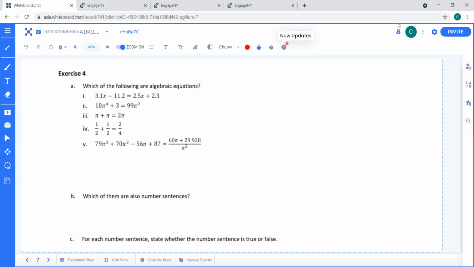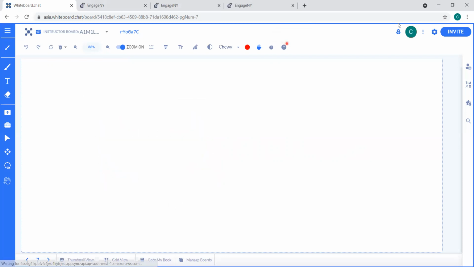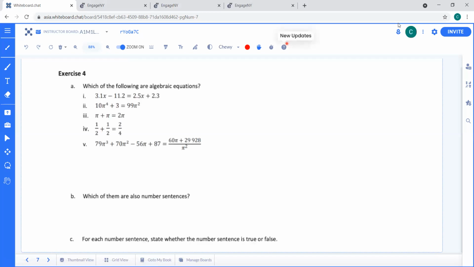All right, exercise 4. This says, which of the following are algebraic equations? Okay, so what does it mean to be an algebraic equation? Let's go back and look. An algebraic equation can be number sentences when both expressions are numerical, but often they contain symbols. So first of all, do we have an equation?